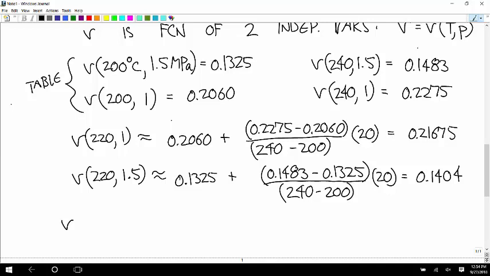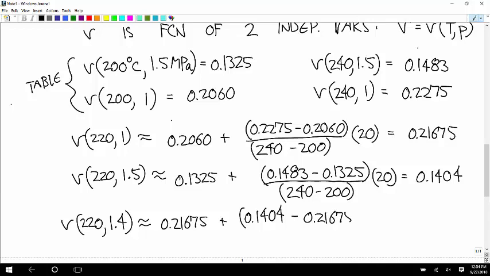So now the specific volume at 220 and a pressure of 1.4 megapascals is equal to 0.21675 plus 0.1404 minus 0.21675 divided by 1.5 minus 1 times 0.4.